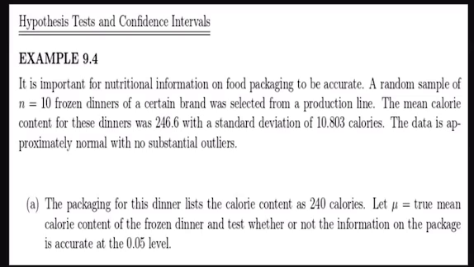The assumptions underlying the use of hypothesis testing and confidence interval, of course, are that the distribution is normal, and if the distribution is not normal, you should be taking a large sample size. And not only that, the sample you're going to choose has to be random, and there shouldn't be substantial outliers.